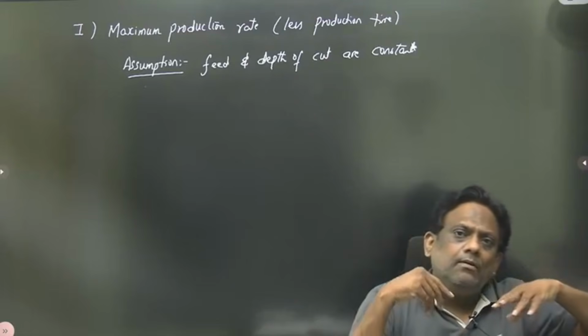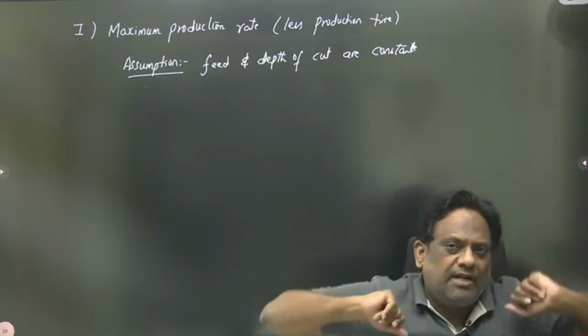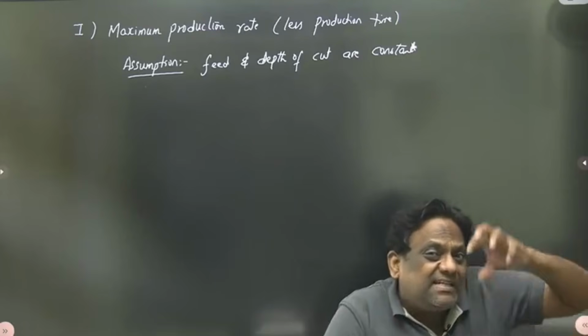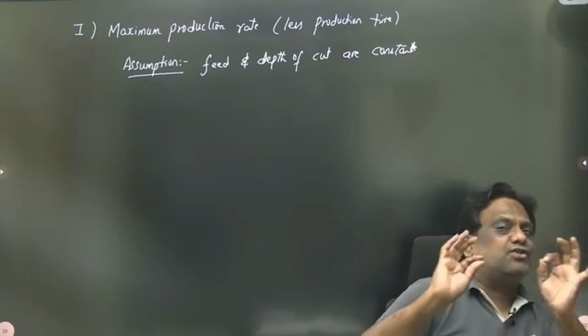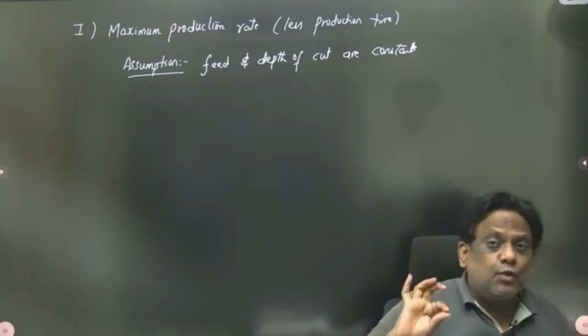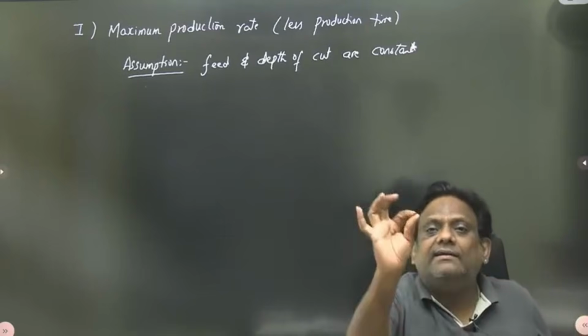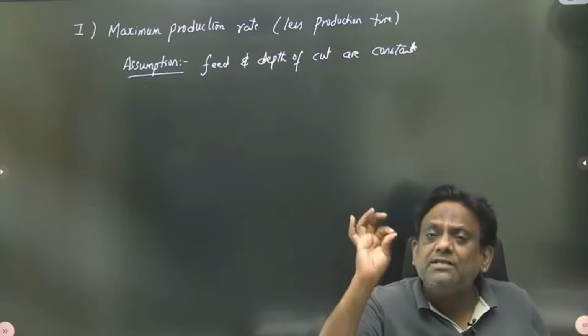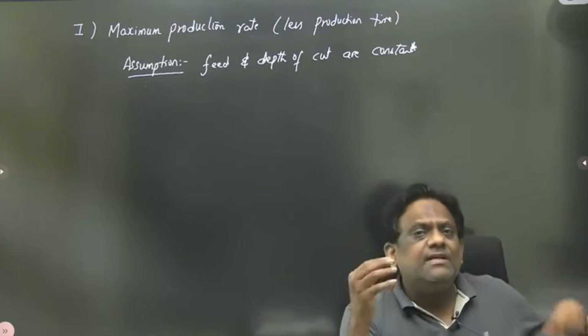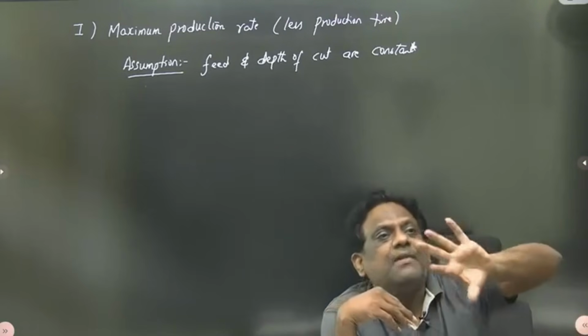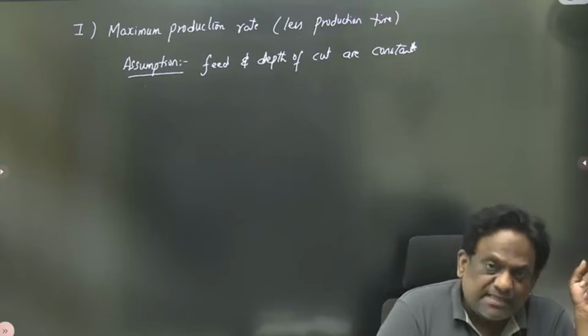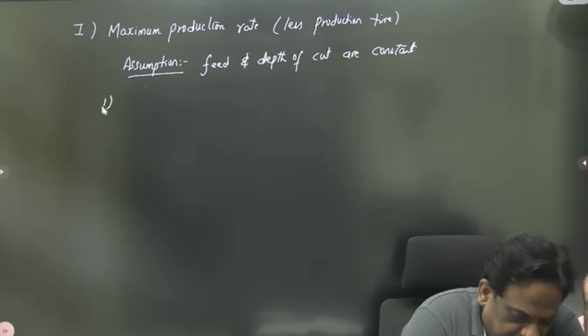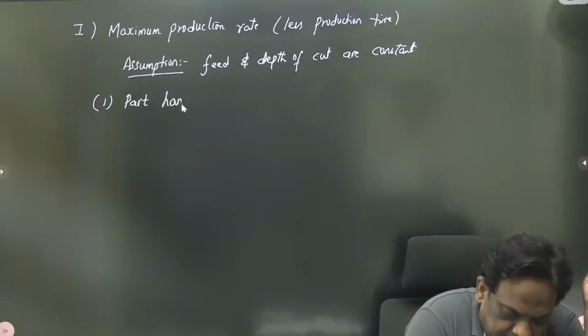Then during that time, the machine is not running. So that time is independent of the velocity of cutting. That is known as part handling time. Something like loading the workpiece, unloading the workpiece. So therefore, the first time is the part handling time.